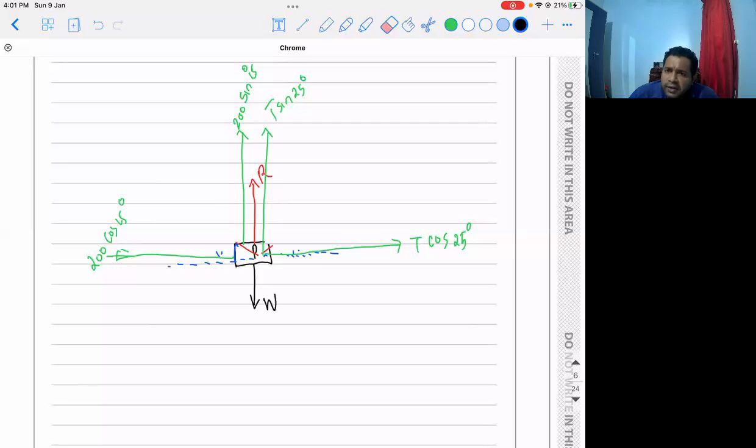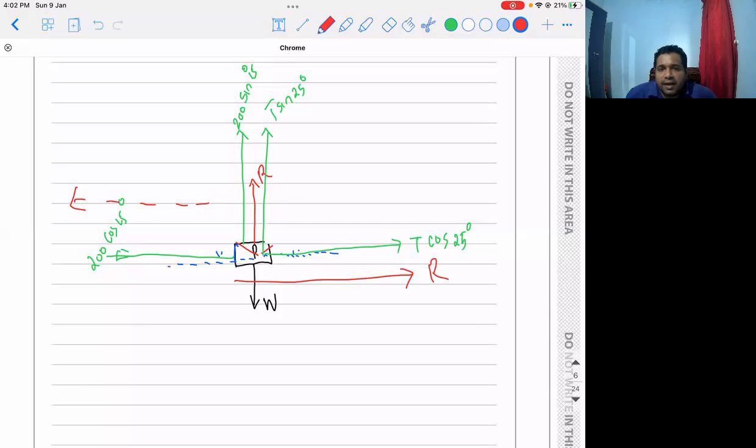Or you can assume this is moving in the 200 cos 15 degree direction. Either way is fine. Either you can assume the particle is moving in this direction, or in this direction, due to this horizontal force. Whichever you assume, the particle experiences a friction, and we know that friction is always opposing the motion, right?